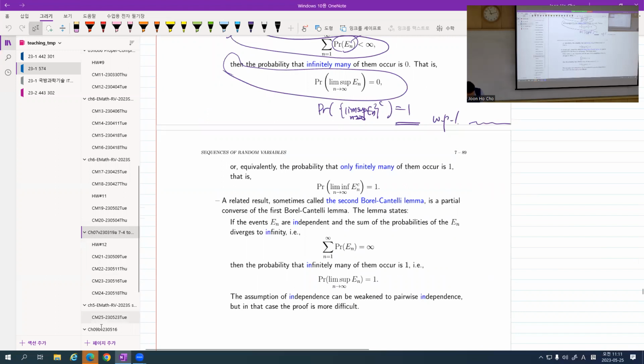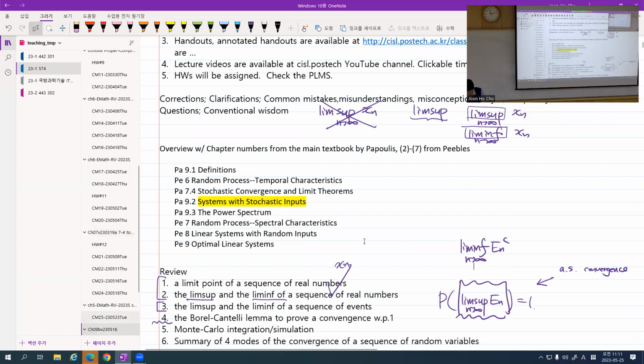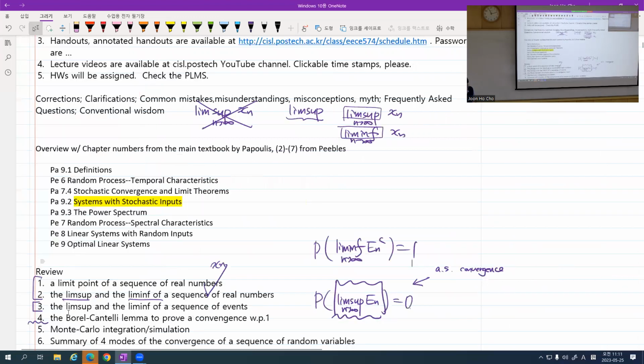Okay, so here, let me flip. Something like this. Okay. Anyway, so we need the idea of a sequence of events to prove almost sure convergence.